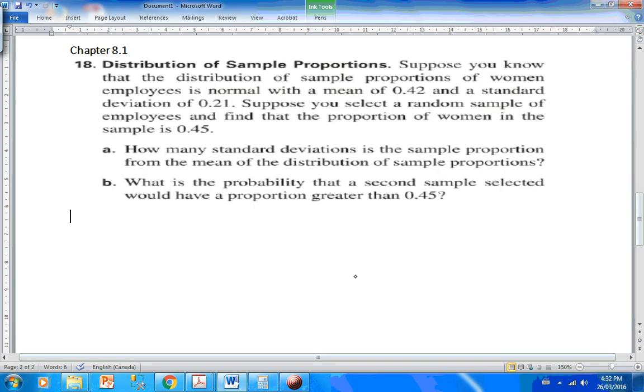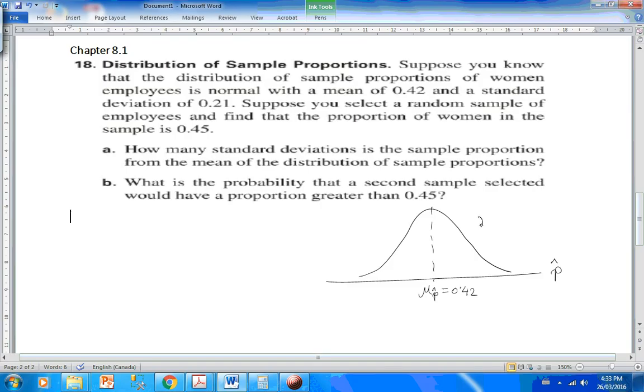So it is, in other words, telling us that if you took thousands of samples and calculated thousands of respective sample proportions and plotted those sample proportions in a histogram, the distribution would be normal with a mean of all those sample proportions equal to 0.42, and a standard deviation of 0.21.